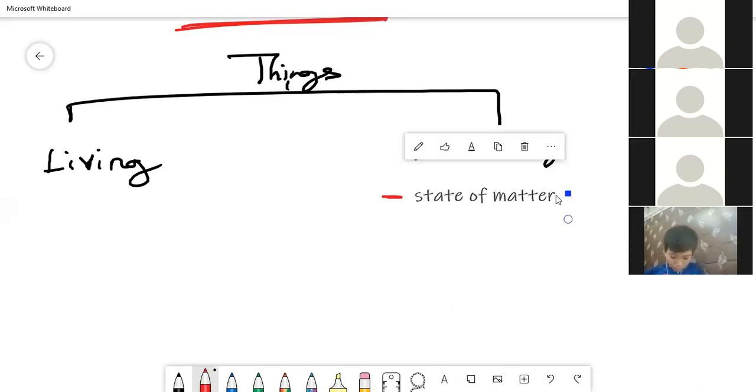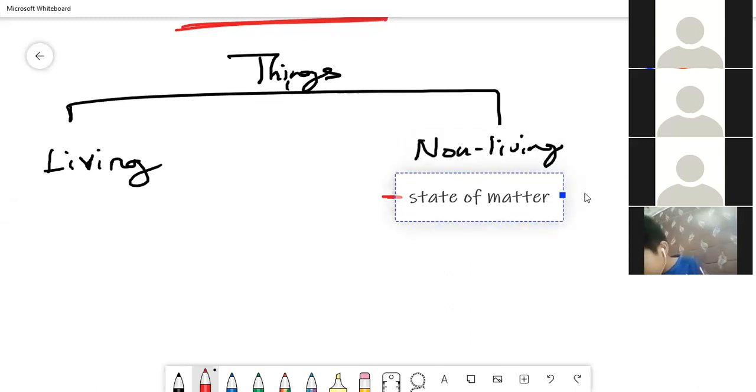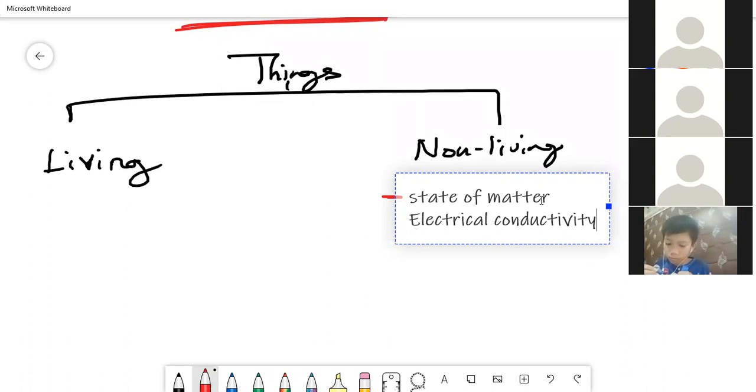Number 2 is electrical conductivity. Number 3, heat conductivity.